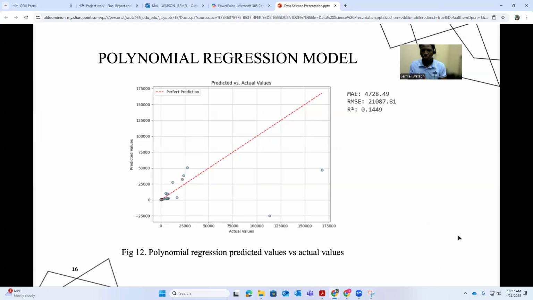While the results of the linear regression model were decent, the polynomial regression model performed worse, with a higher mean absolute error, a higher root mean square error, and a much lower R2 value.